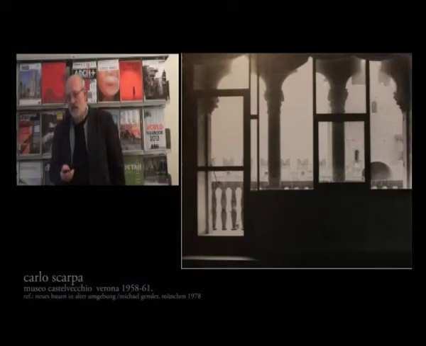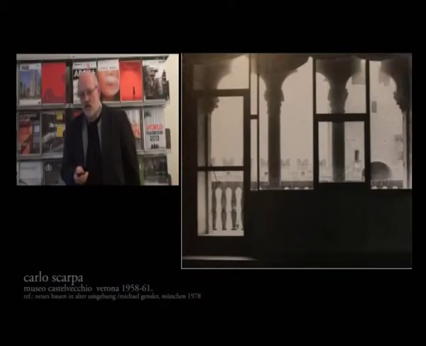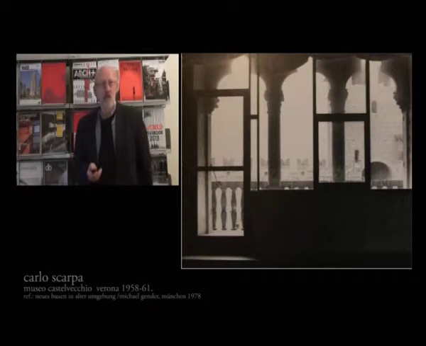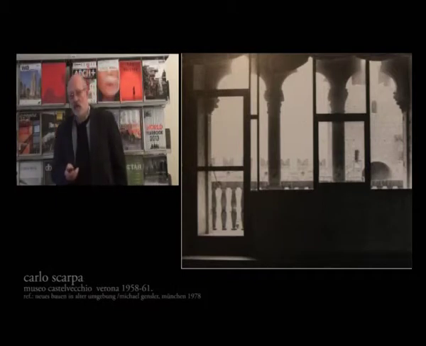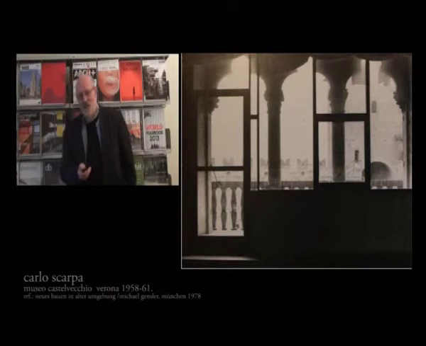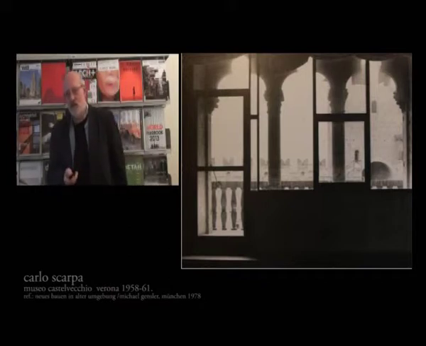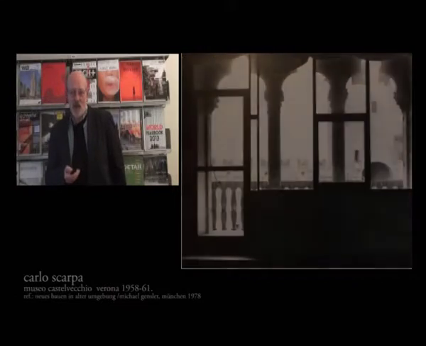The example is from Carlo Scarpa about Museo Castelvecchio at Verona. It also was done about 50 years ago, 1958 to 1961. And it's like two different layers of old and new, which are very intelligently arranged.